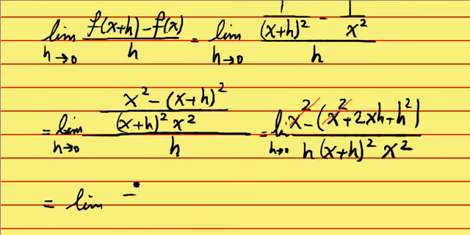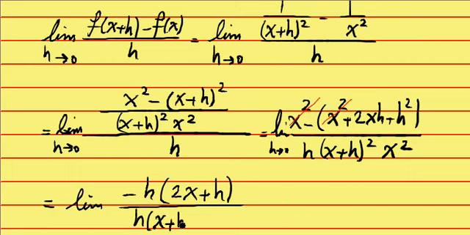I might as well factor h. I have h times x plus h squared times x squared. Notice that it is quite rare that we need to open up the denominator to do anything, so we just don't do that. These h's cancel. I still take the limit as h goes toward 0.